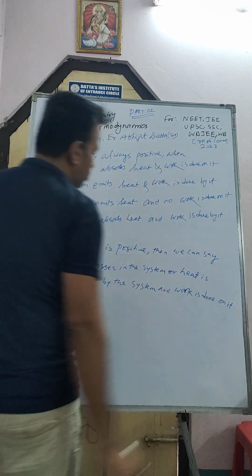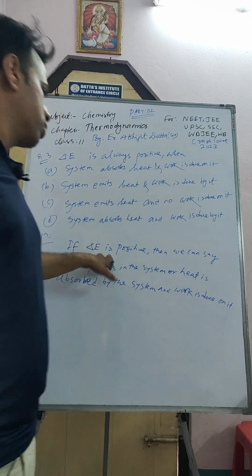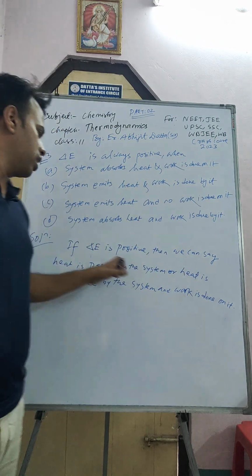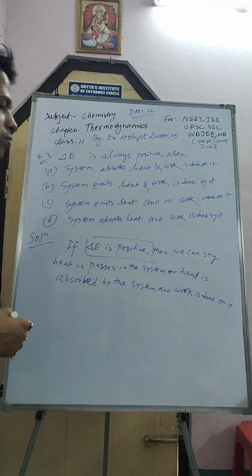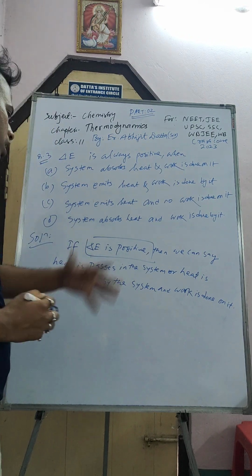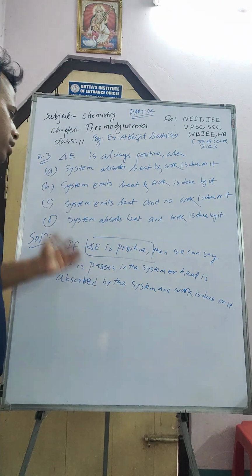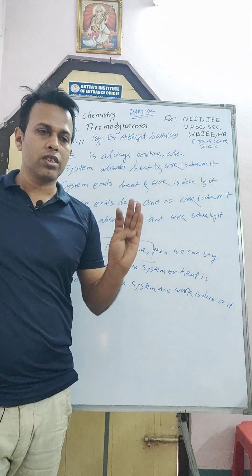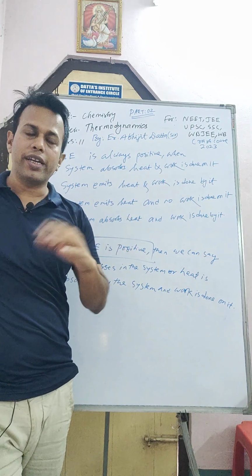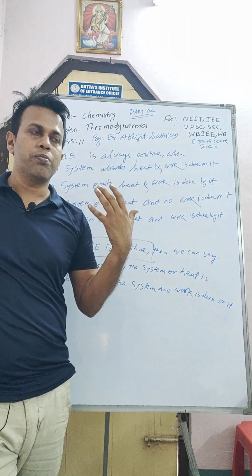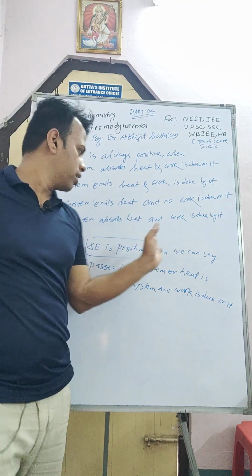Okay, so this is the condition. If delta E is positive, then we can say heat is passed into the system or heat is absorbed by the system and work should be done on it. Or we can say if any system absorbs heat or heat passes into the system and work is done on it, then we can say delta E is positive.